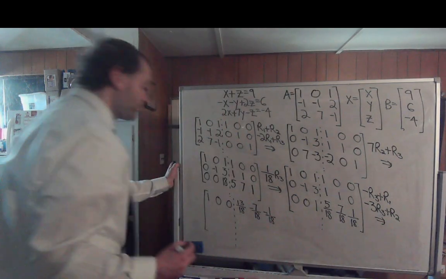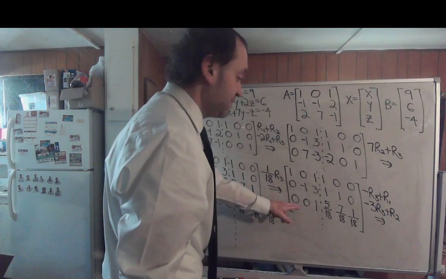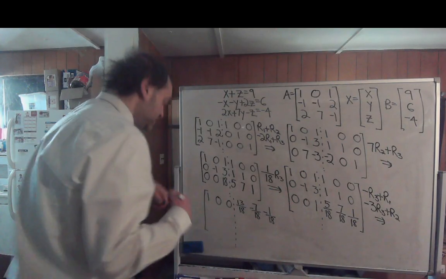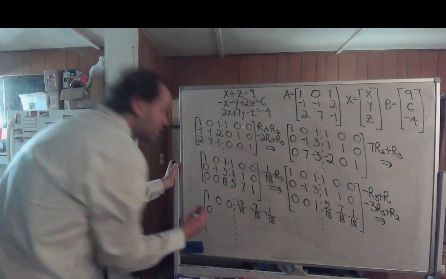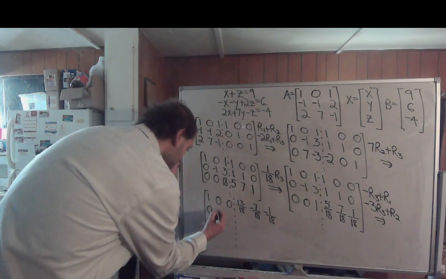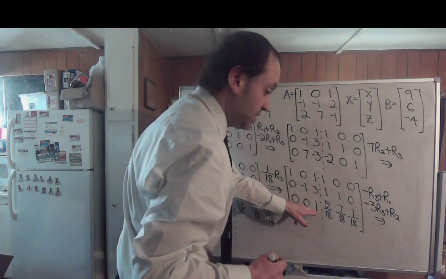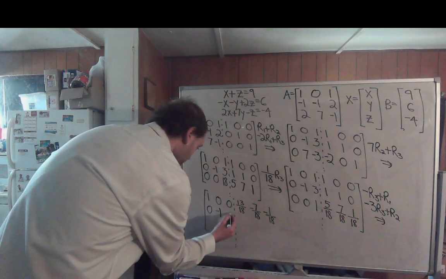Now let's deal with row 2. Negative 3 times 0 is 0, plus 0 is still 0. Negative 3 times 0 is 0, plus negative 1 is still negative 1. Negative 3 times 1 is negative 3, plus 3 is 0.